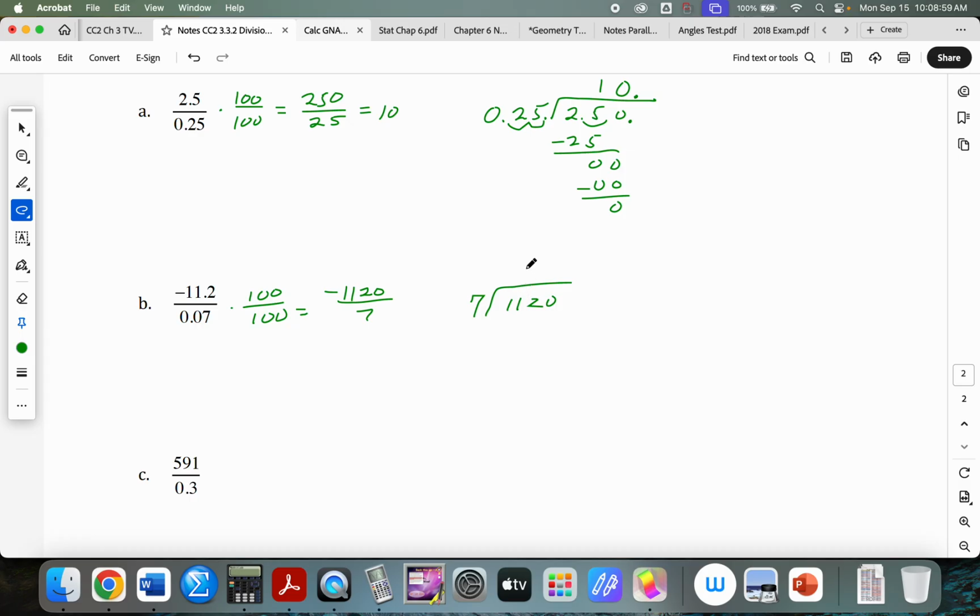So let's see, 7 goes into that once, with a remainder of 4, bring down the 2. 7 goes into 42 6 times. Subtracting that, we get 0, and 7 goes into 0 0 times. So you should get a final answer of what, Warren? Negative 160. Yes, negative 160.